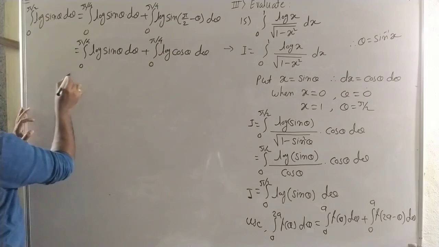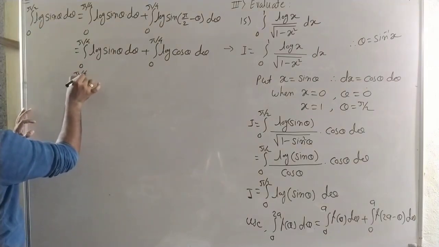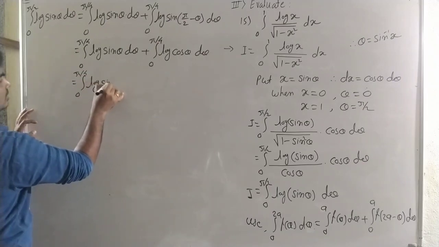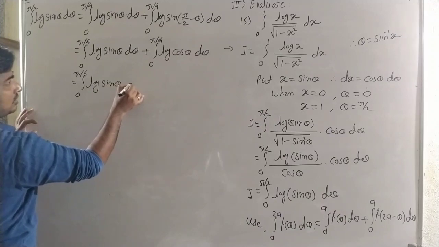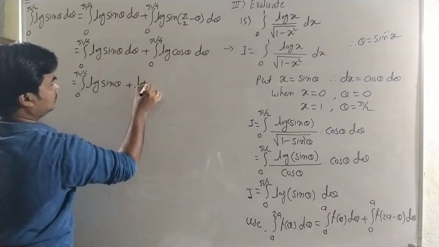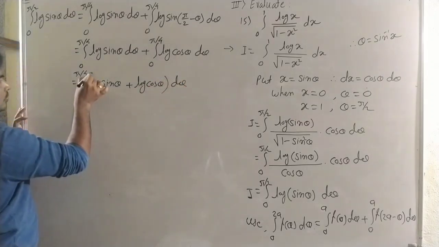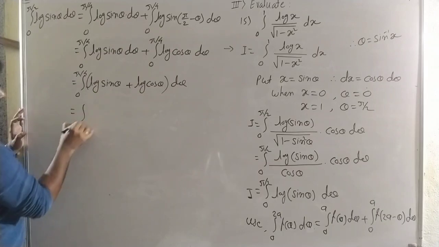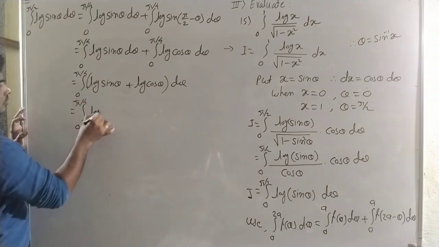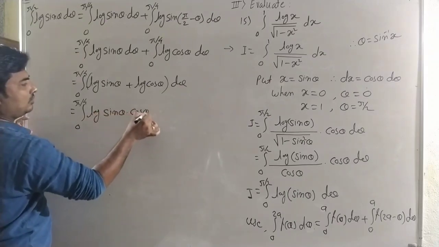Then adding both the integrals, we have 0 to pi by 4 log of sin theta plus log of cos theta. Again here we use the property of the logarithm, integral 0 to pi by 4 log of sin theta into cos theta.